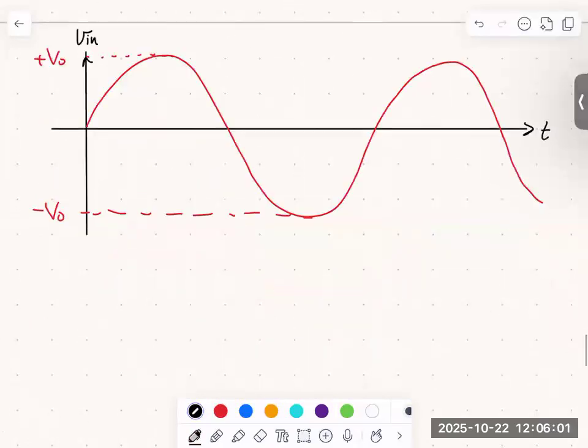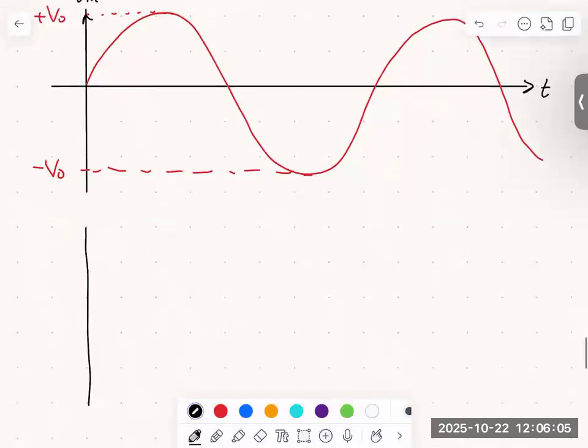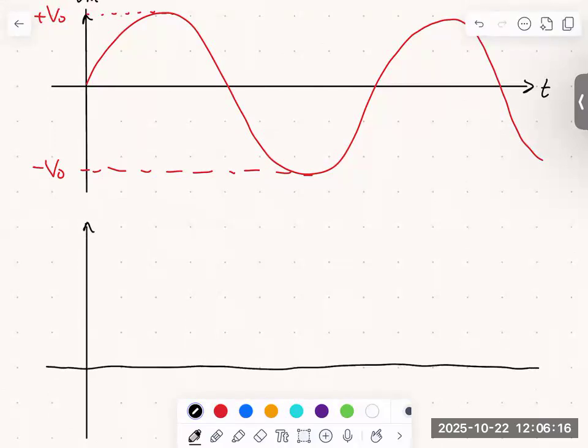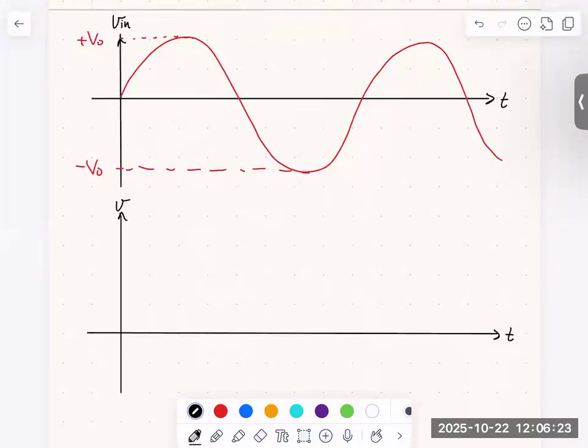So below, I'm going to draw the output of our circuit. That is the voltage across RL. And so that output I'll draw as a function of time as well. There's T. Okay, this is going to be V out. So what's going to be important are the times when the input voltage exceeds our threshold voltage.